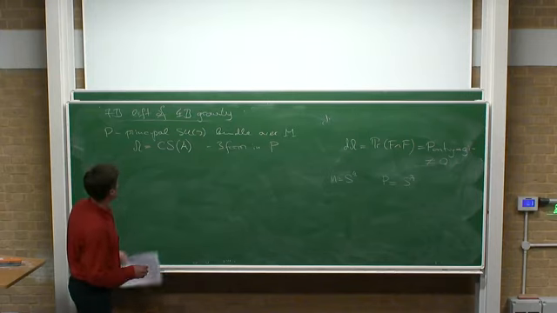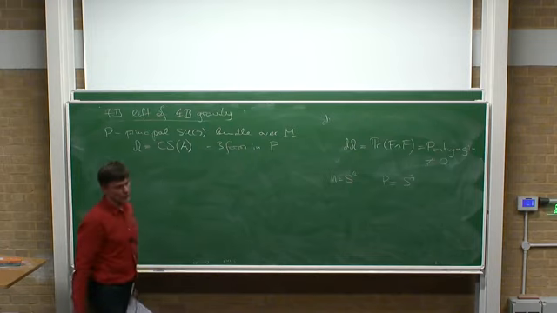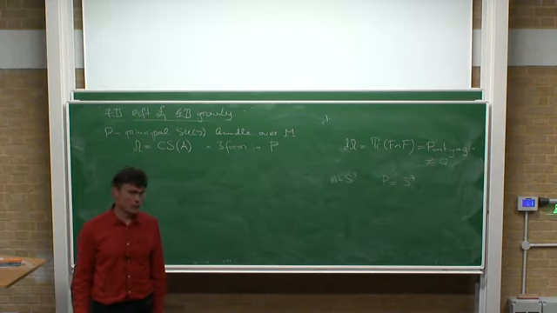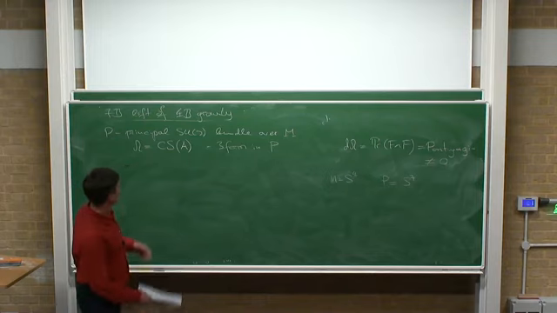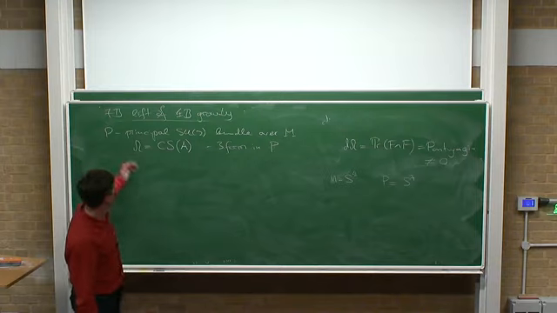Okay, and well, then the rest is a computation. I have a three-form. I want to understand what my volume functional in 7 dimensions gives me.